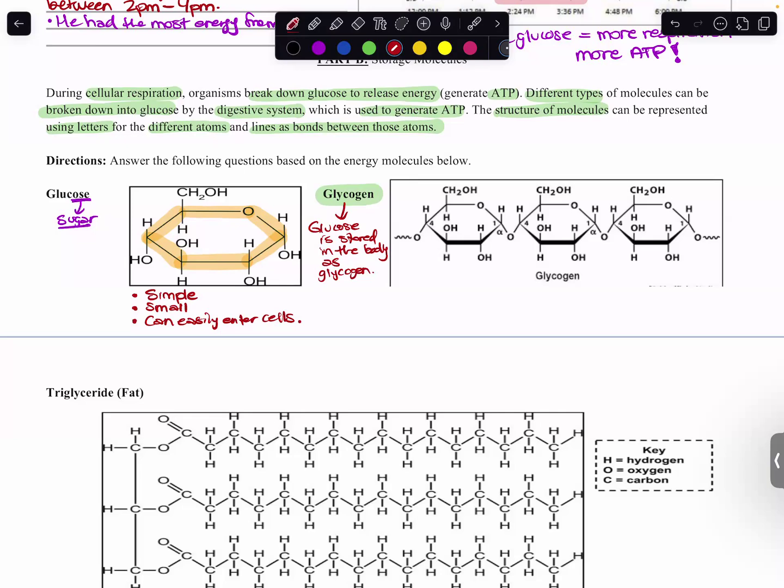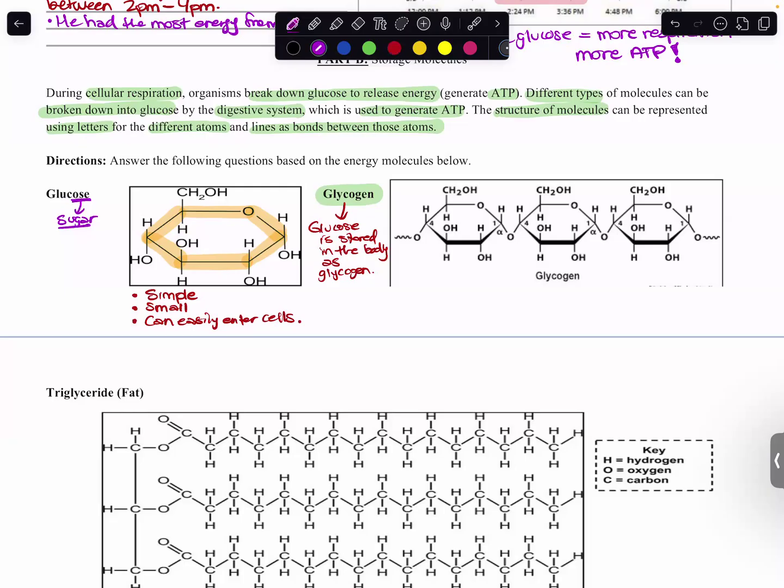And when it's stored in the body, what you'll notice is that it's linked all together. All of those small glucose molecules get linked together and stored away at a later date, almost like a pantry or a cupboard in your kitchen. It stores away some of that food that you are not eating or not using, all the way up until you need it again, then you can go in and start using those ingredients. So that's all glycogen actually is, right?